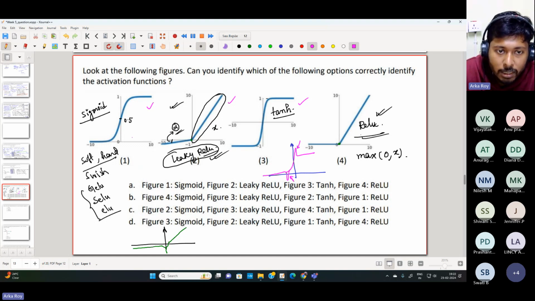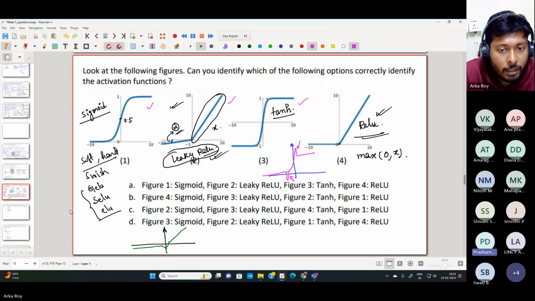For example, several people have merged activation functions, like sigmoid plus ReLU, then leaky ReLU, and some combination of tanh, and then they get some other function and use it as an activation function. They rename it something like that. So this is how current research is going on in the field of activation functions itself.